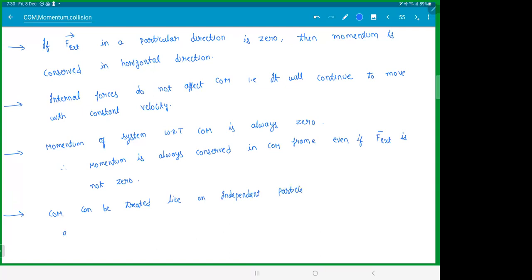That is, acceleration of center of mass is d v_com by dt, or v dv by dr. Again, just add center of mass everywhere. V center of mass is dr_com by dt.